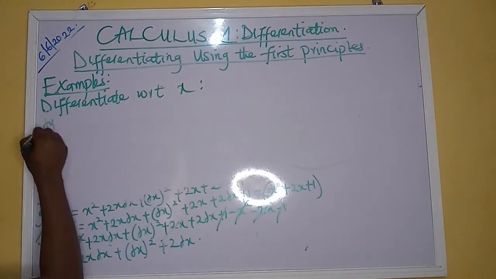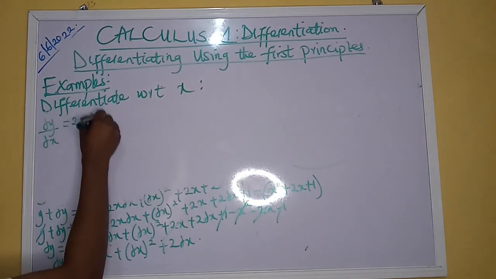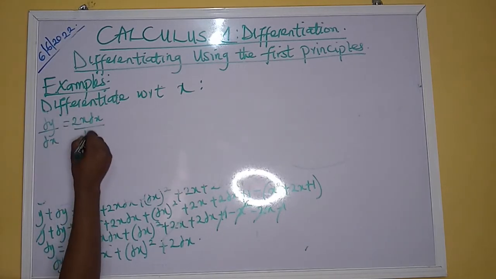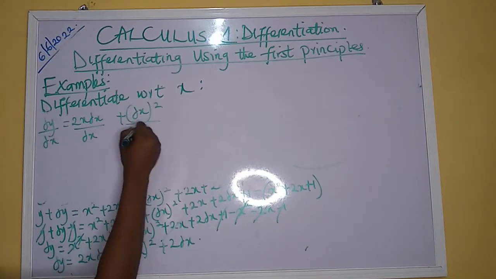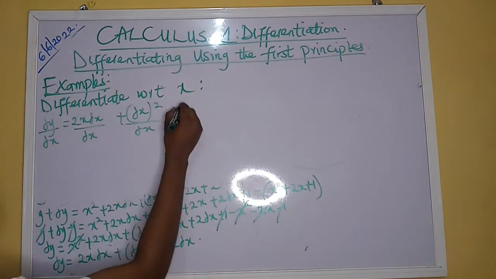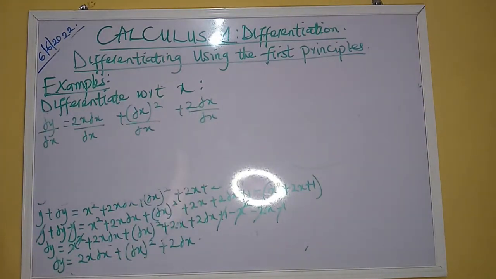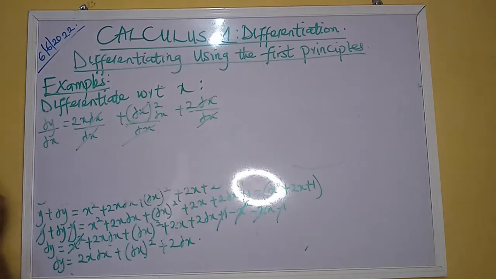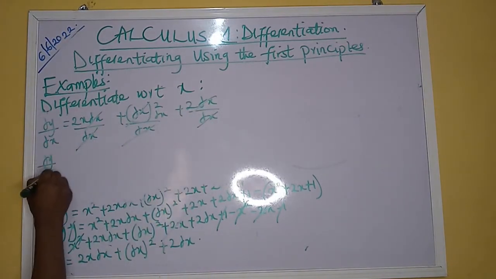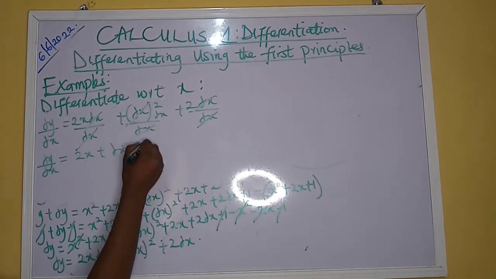That gives us dy over dx, giving us 2x dx over dx plus dx squared over dx plus 2dx over dx. Am I right? The next thing is to cancel them out. This remains dx, while this cancels this. And then we have dy over dx is 2x plus dx plus 2.